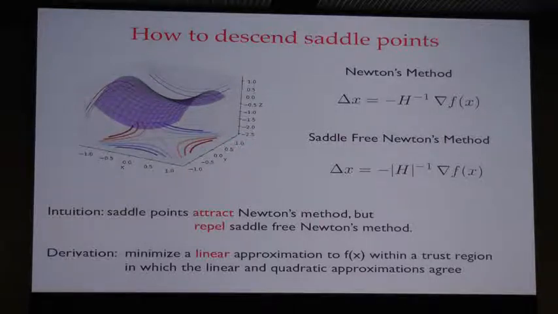There's actually a derivation that makes this make sense away from saddle points. The basic idea is you minimize a linear approximation to f of x within a trust region determined by when the linear and quadratic approximations agree. So basically you don't use the quadratic information to approximate the model. Because the whole idea about Newton's method is it descends a positive definite quadratic bowl in one step.